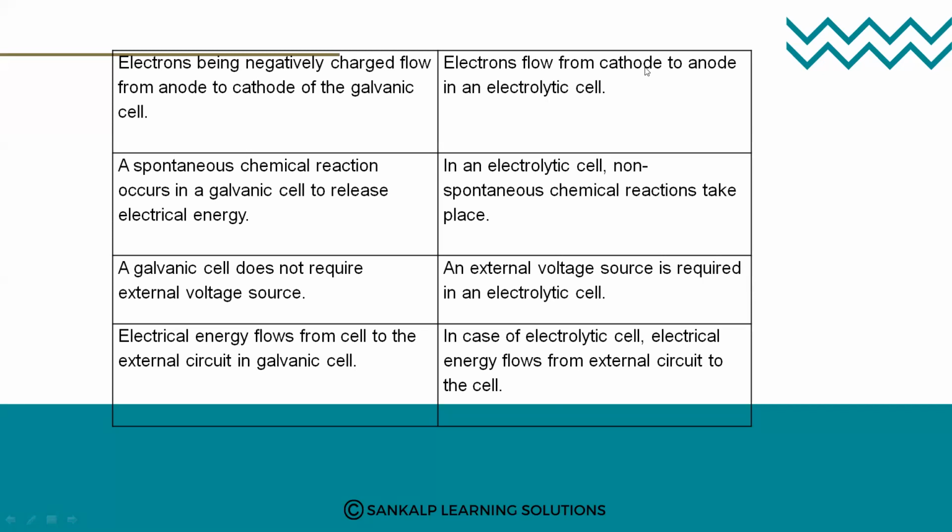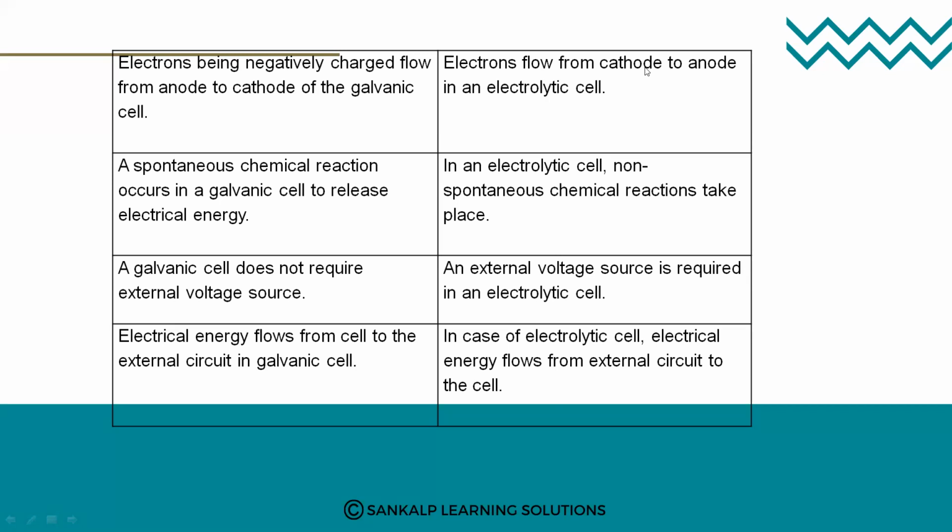Now next is the galvanic cell. It does not require an external voltage source. So in a galvanic cell, it does not require any external voltage source, and in an electrolytic cell, an external voltage is required.